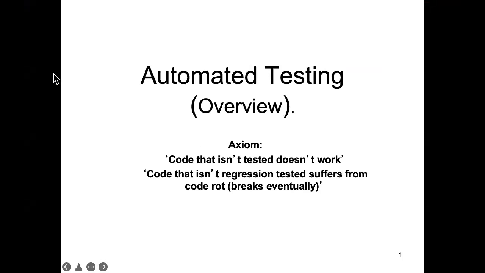So why automated testing is so important in an agile development environment is because the agile development process is an iterative process. By that I mean you go through a number of iterations where each iteration involves designing, implementing, testing a subset of the overall application's functionality.